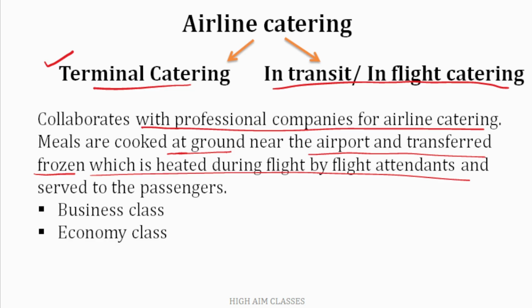There may be two categories, business class and economy class. Business class has better food choices, and the ticket is expensive, and economy class, as the name suggests, is cheaper.